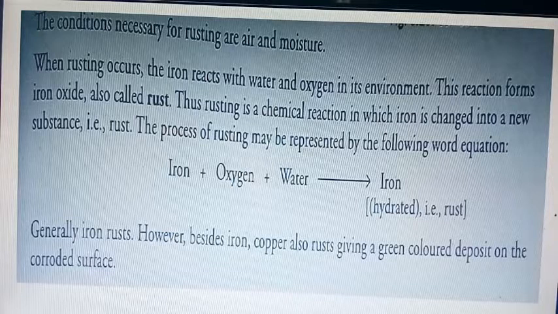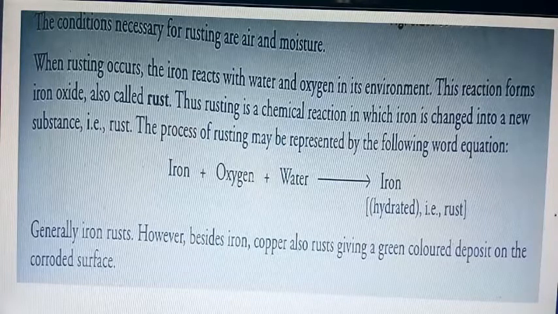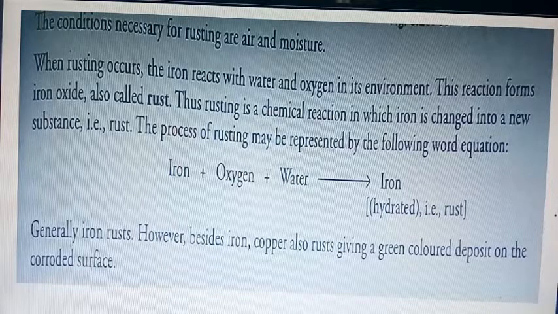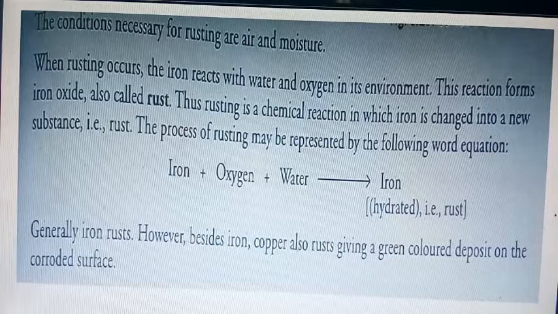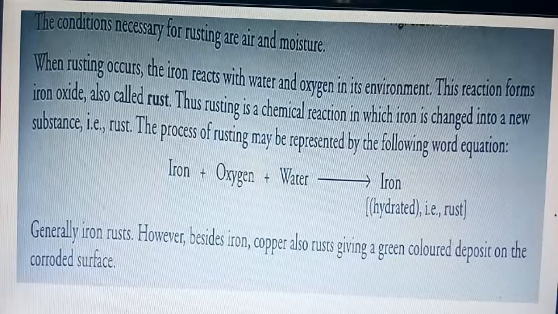You should not write iron on the product side, because iron plus oxygen plus water combines to form rust. Either you can write rust or you can consider it as hydrated iron oxide. Generally iron rusts. However, besides iron, copper also rusts, giving a green color deposit on the corroded surface.